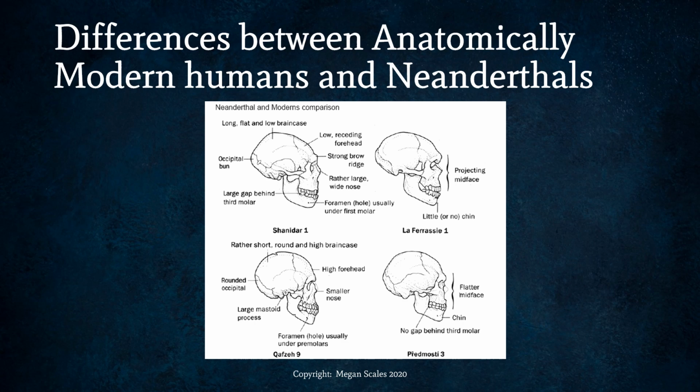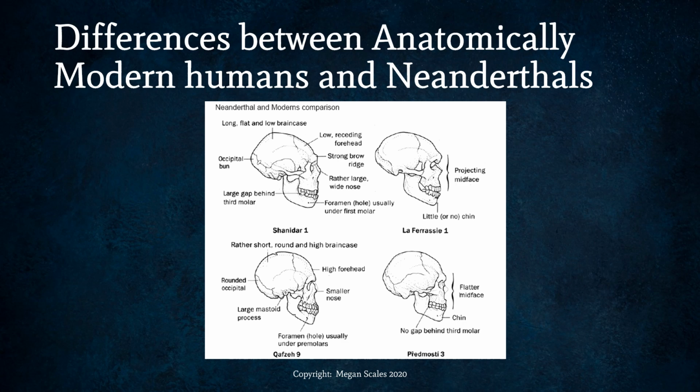So when we get down to the lower two skulls, we're seeing a rounder, higher brain case, all right? So just compare the kind of football-shaped skulls of the Neanderthals to the rounder shape of the skulls below, the anatomically modern humans. And there's a forehead here. So kind of imagine if you thought these people might have a fever, trying to put your hand on the forehead and take a temperature.